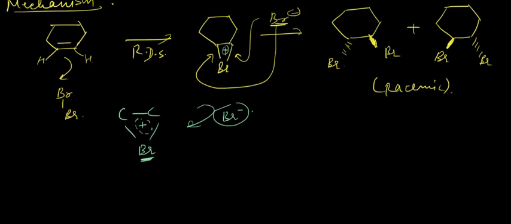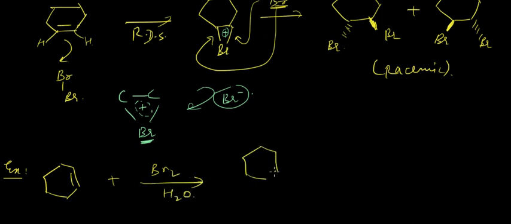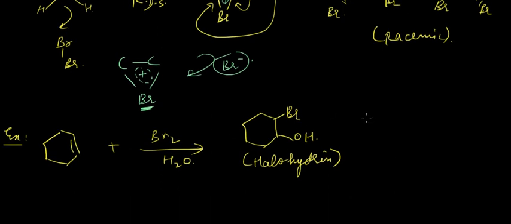Okay, let us look into some more examples of classical and non-classical carbocation formation, specifically when we add Br2 in the presence of H2O. We will have something like this, and this is called a halohydrin. Obviously you can form the enantiomers of this.